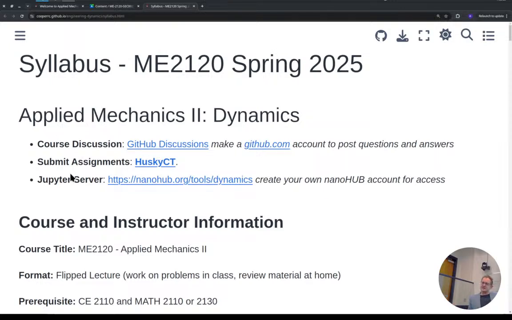Submit assignments, get feedback, resubmit if you want to change the grade, and then we'll do some Jupyter and Python work. Have you used Jupyter at all? Anyone? Bunch of no's.